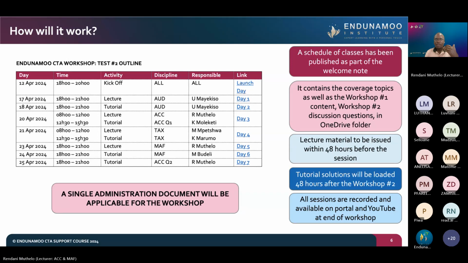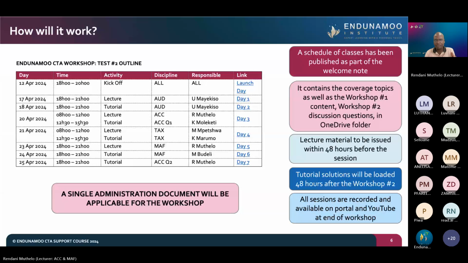Then the discussion questions, the lecture discussion, all of it will be via that link. The idea is we want to just make sure that 48 hours before the lecture, you have the content.